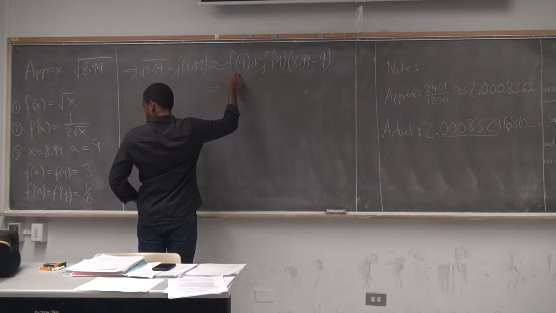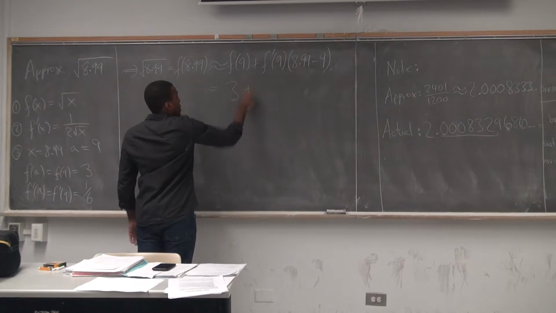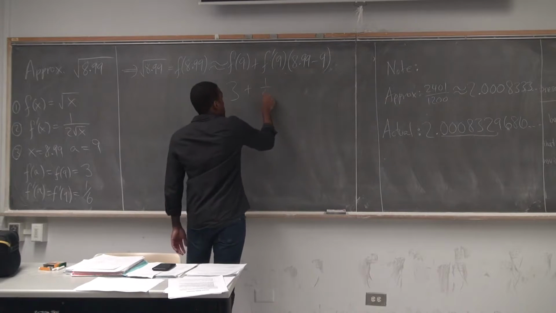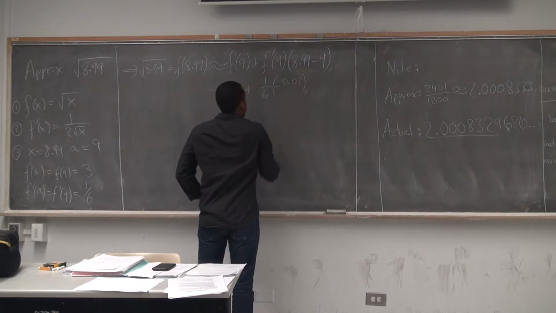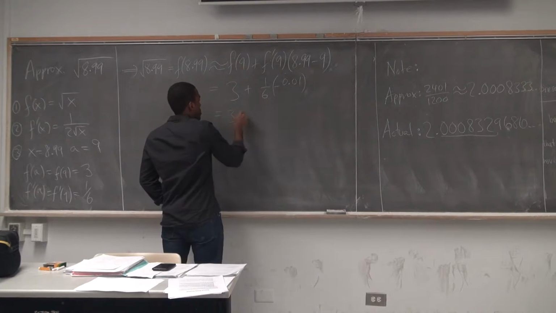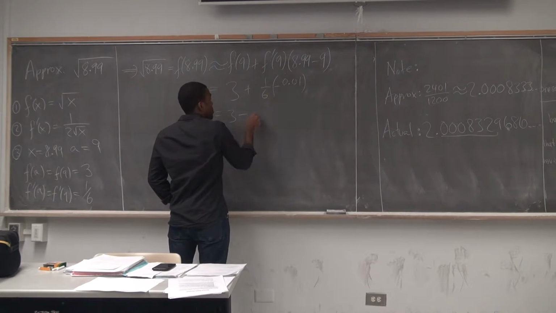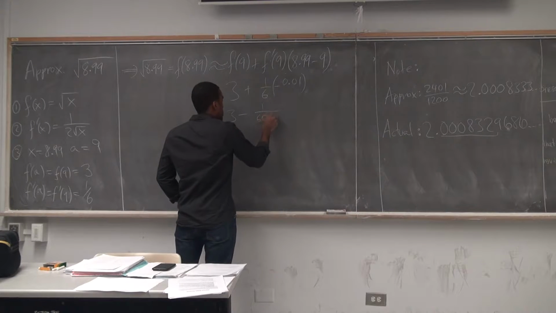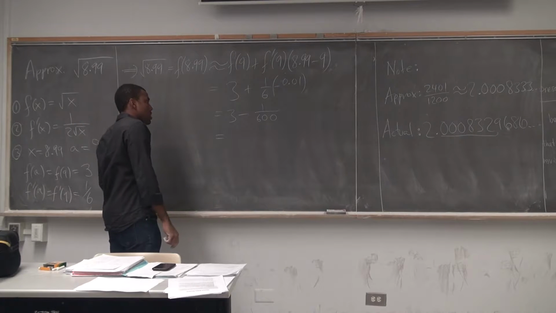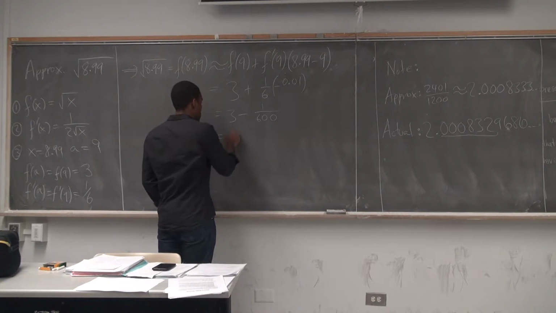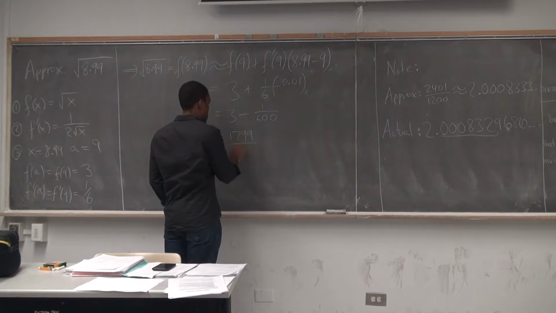F of 9 was 3. F prime of 9 was 1 over 6. This would be minus 0.01. 1 over 6, so this is times 1 over 600. And we know 3 times 600 is 1800, so that's 1800 minus 1. And so that would be your answer.